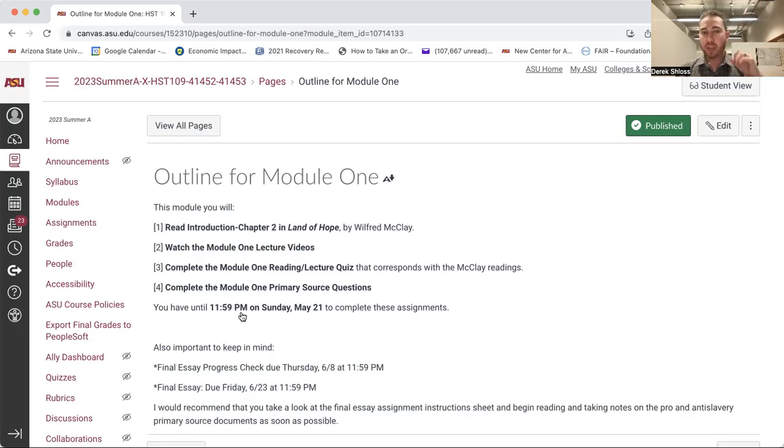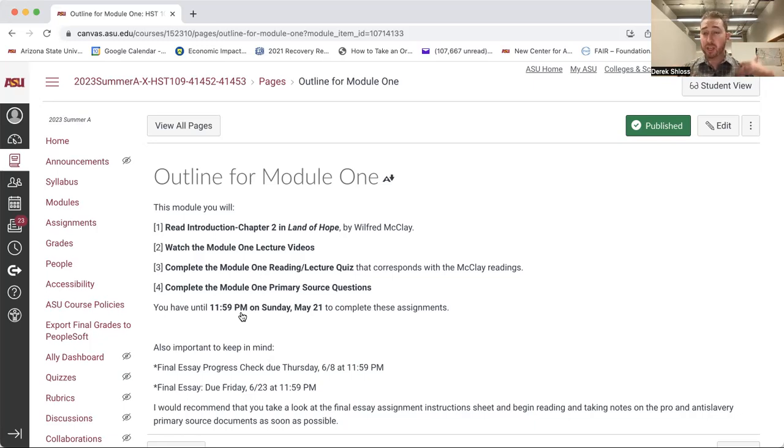If you take a look at the course Canvas page, essentially everything that you need for this course is there: all the videos, all the weekly assignments, the primary source assignments, the reading/lecture quizzes, even the final essay progress check and the final essay assignment. Essentially everything is ready to go.